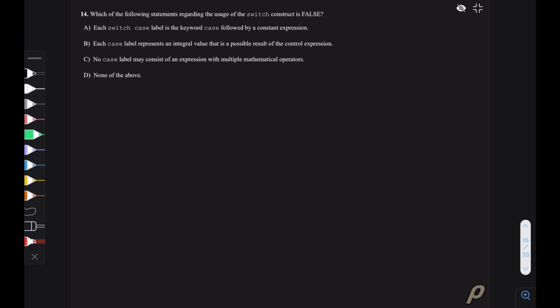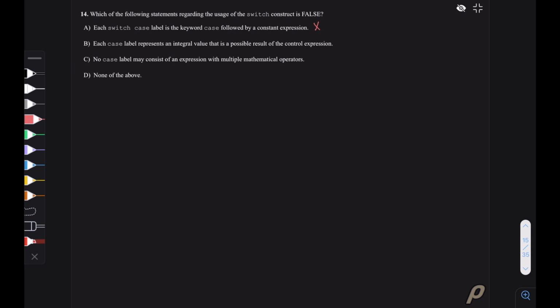Okay, which of the following statements regarding the usage of the switch construct is false? A, each switch case label is the keyword case followed by a constant expression. So this is in fact true, as this is basically just exactly describing what a switch statement looks like.